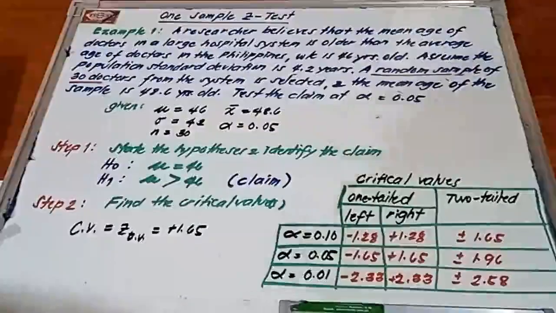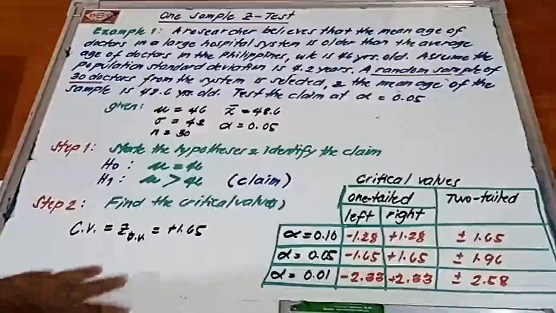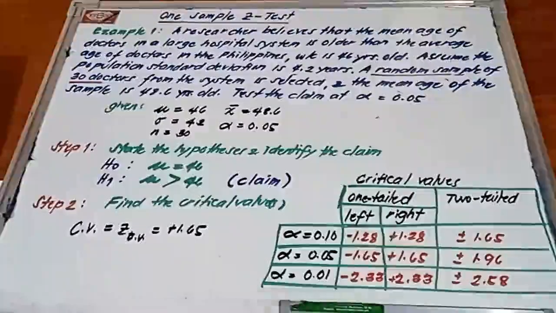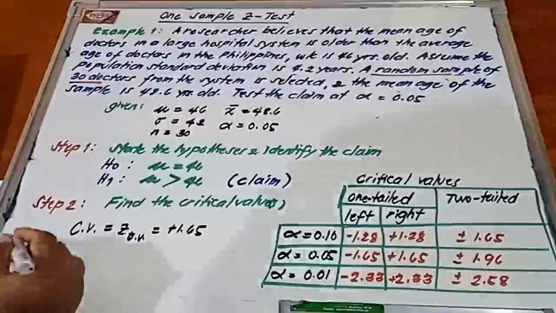Napakahalaga niyan kasi kapag ang ating computed Z value ay nadun sa ating critical value, that's the time we reject the null hypothesis. Kasi yung critical value niyan, nandiyan yung rejection region. Then we proceed to step 3. Okay?